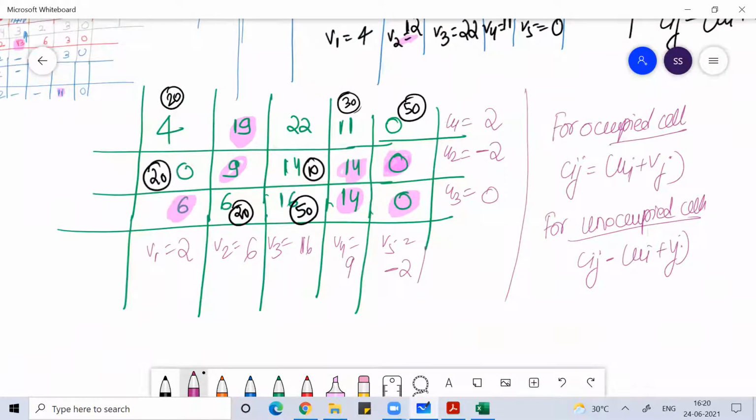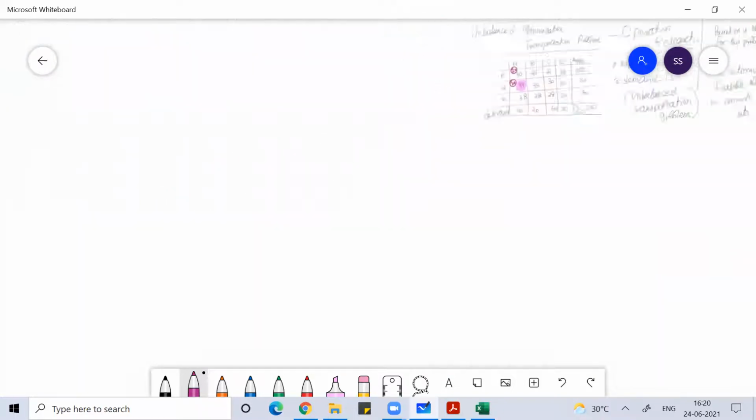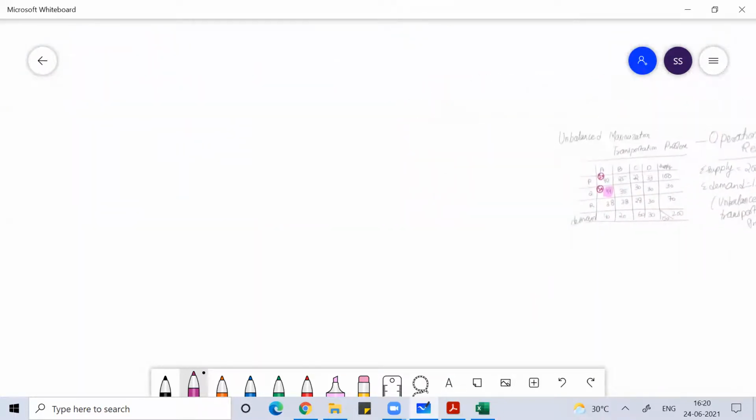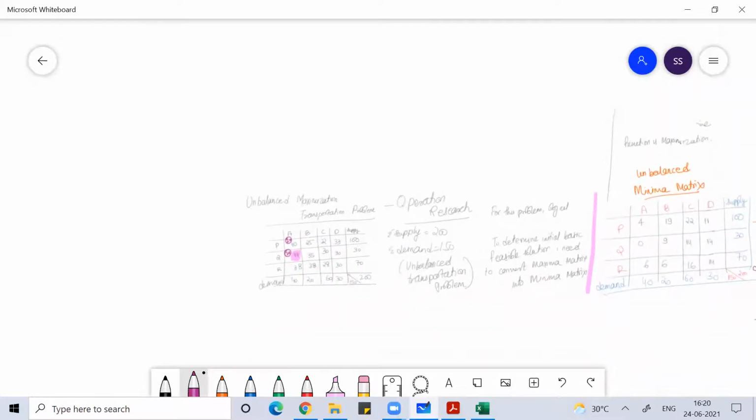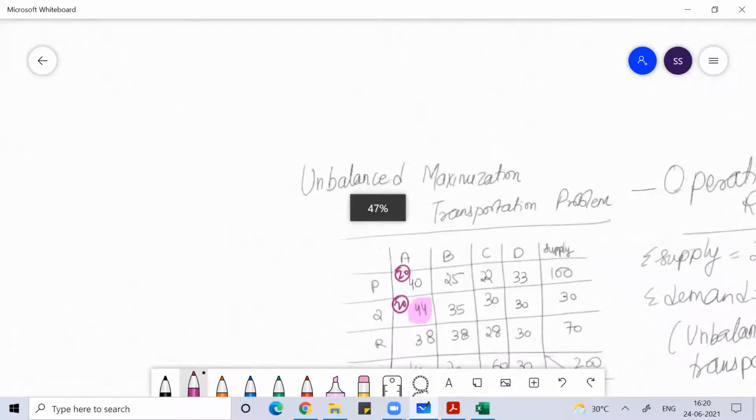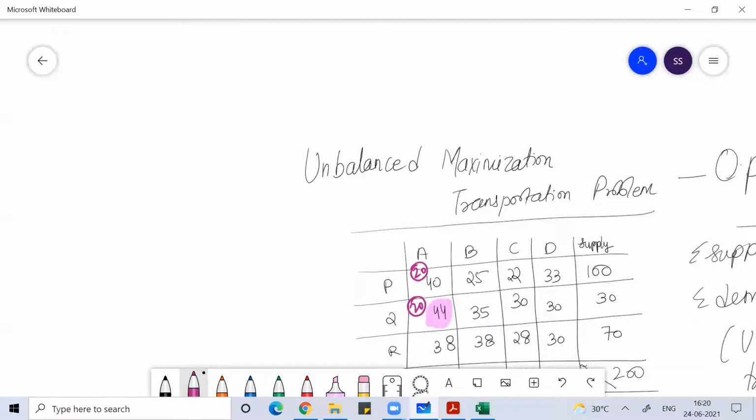Then 20, 50, 20, 50, 10, 6, 16. This is 20, then this is 50, then this should be 10.